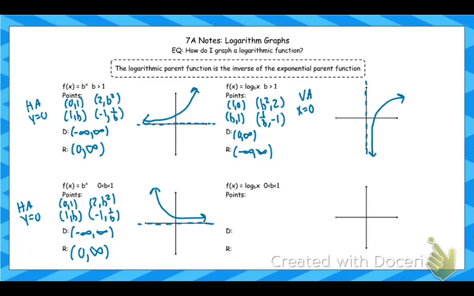All right, so again, log is still going to go through the same points. It's still going to go through 1, 0, base comma 1, base squared comma 2, 1 over base comma negative 1. Those points aren't changing. It still has a vertical asymptote at x equals 0. But because now the base would be less than 1, something like 1/2, let's say I have 1, 0, and then I have 1/2, 1.